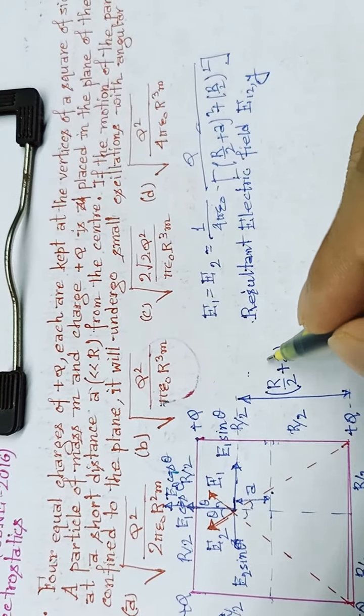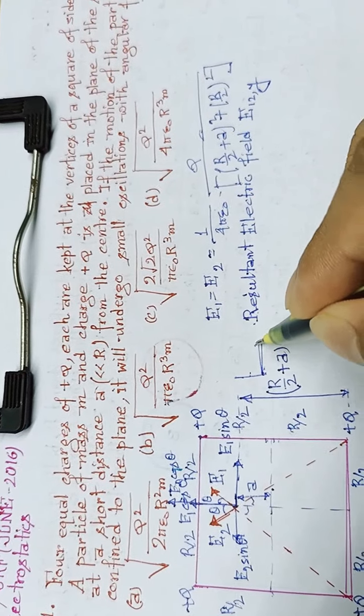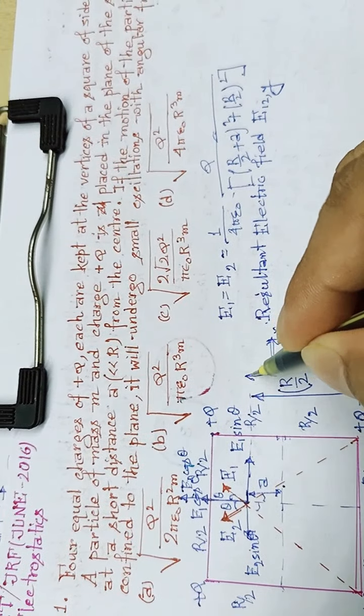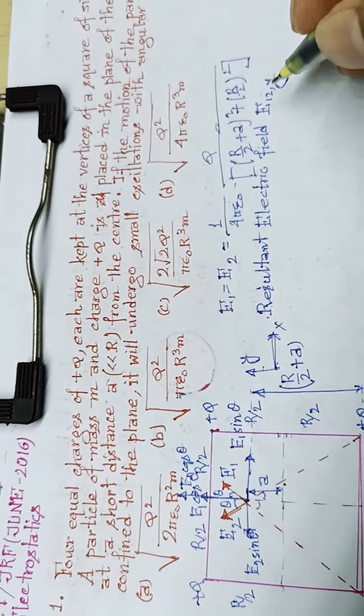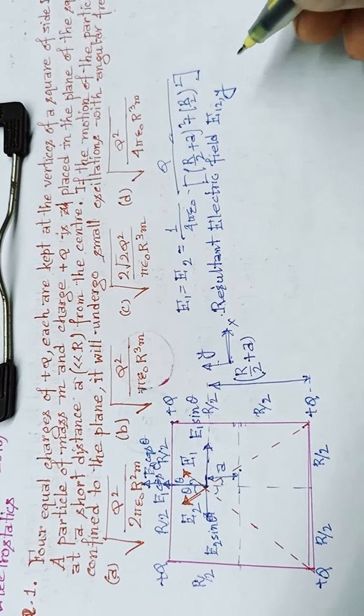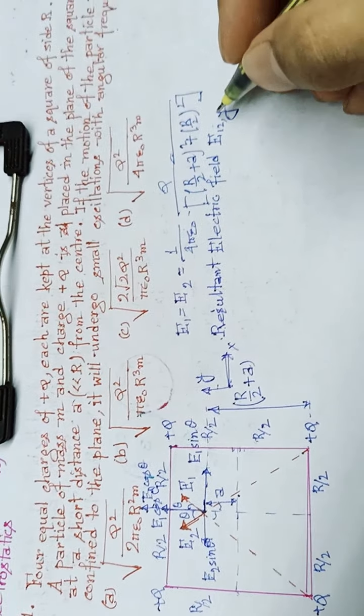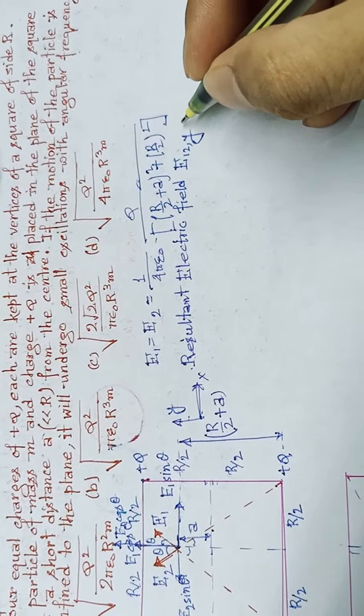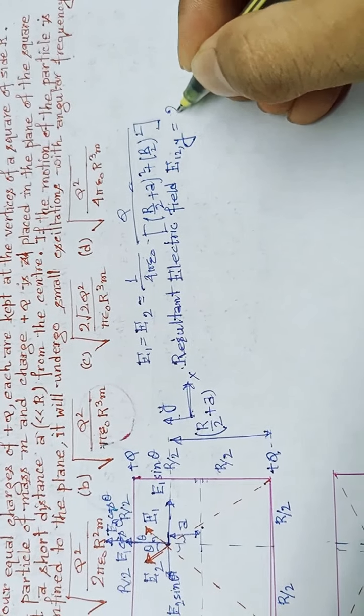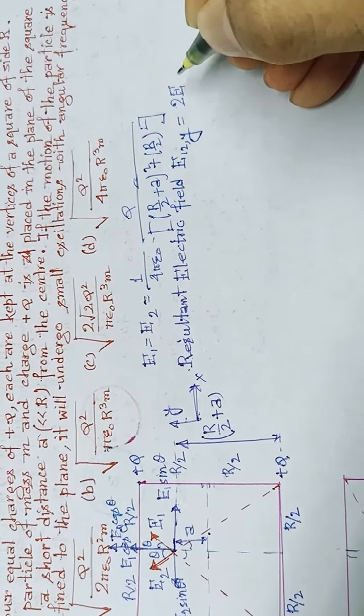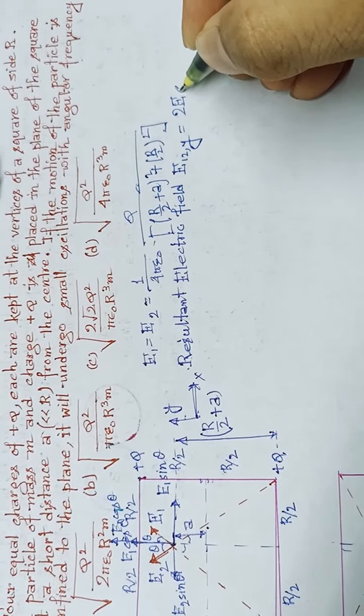So we'll set our coordinate system: this will be our x direction and this direction is our y direction. As the resultant field is directed in the y direction, the resultant field E1y will be equal to 2E, because both E are the same in magnitude, 2E cos theta.